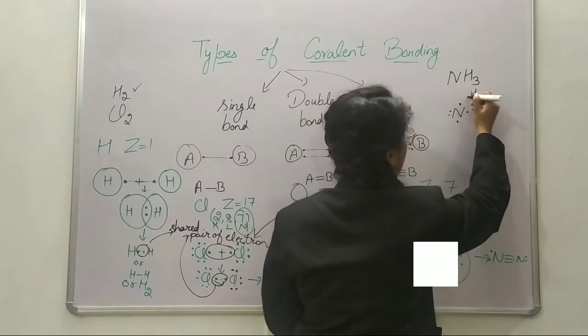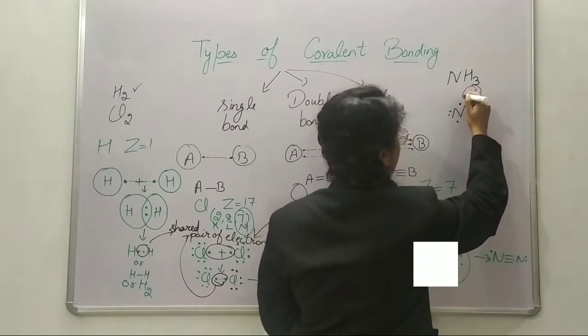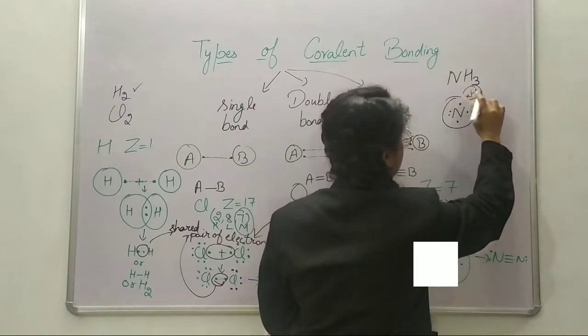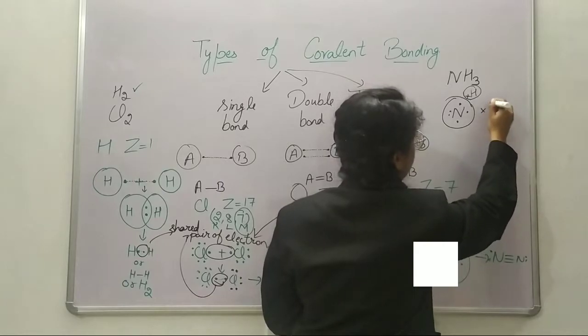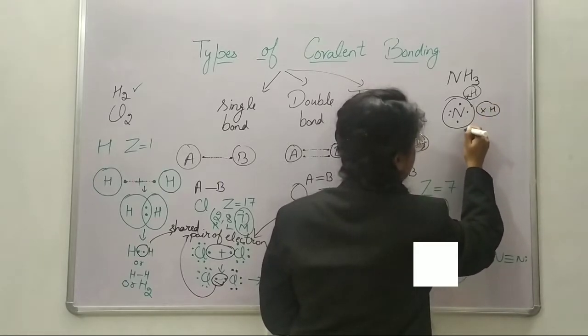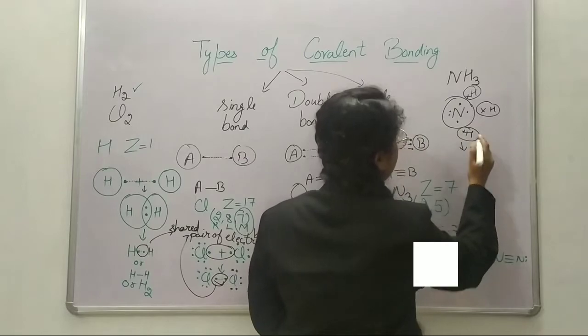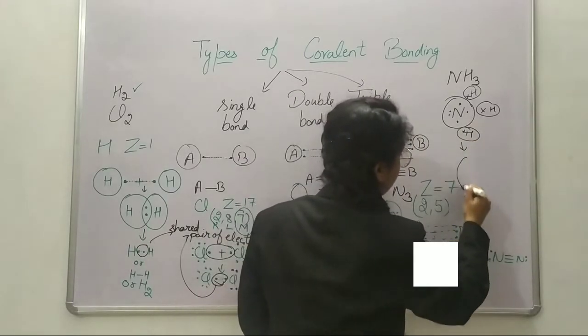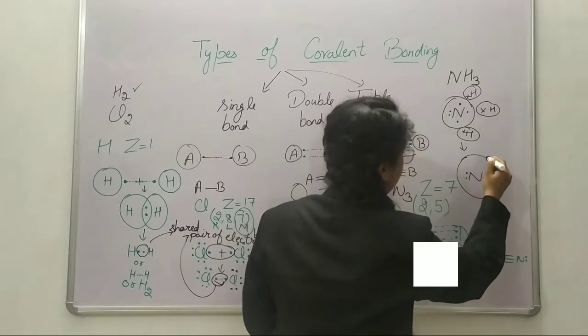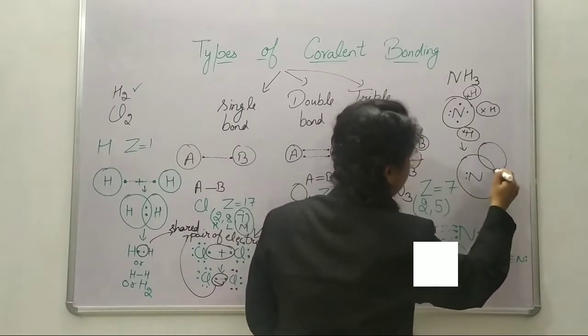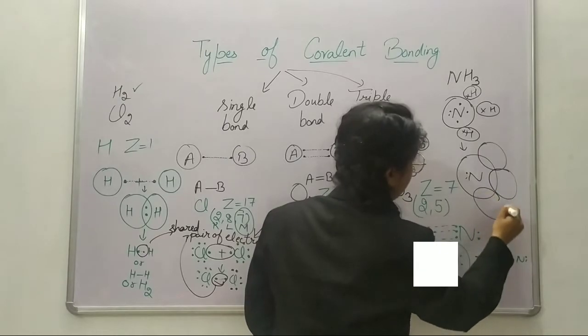This is hydrogen here. Let us say for hydrogen it is a cross, so that it is easy for us. Okay. Oh, sorry about this. 1 hydrogen is here and 1 hydrogen is here. So how would they form a bond? This is my nitrogen. Okay, 1, 2 and 3.